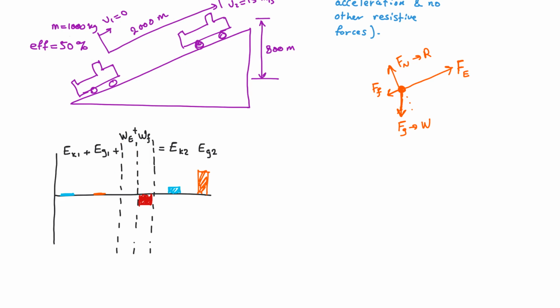It needs to be the absolute value of this added to this plus this. So the bar is going to be higher than these two and a little bit, and I'm going to draw that with purple, and it's going to look something like this. So this is the energy coming from the engine.